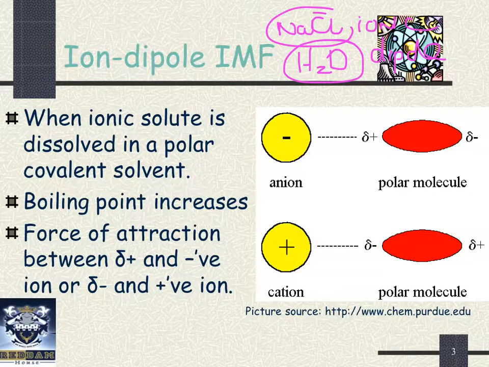The slightly positive side of the polar molecule, or the dipole, hangs on to the negative anions, and the slightly negative side of the dipole hangs on to the positive cations. When an ionic solute is dissolved in a polar covalent solvent, we get this ion-dipole intermolecular force. It increases the boiling point because this is quite a strong force of attraction. And the forces of attraction are between slightly positive and negative, and slightly negative and positive.